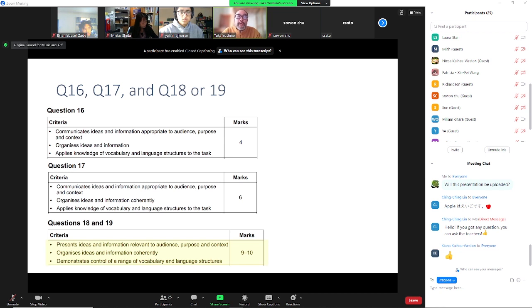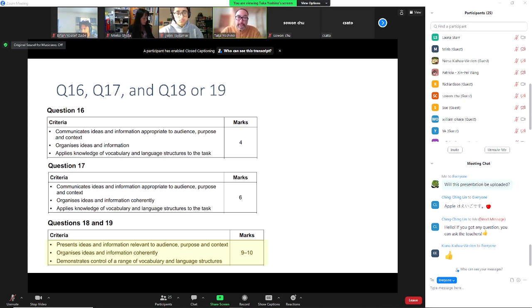And you only have to choose from the two. You only have to do question 18 or question 19. And in this section, you're going to read the question and answer in Japanese.